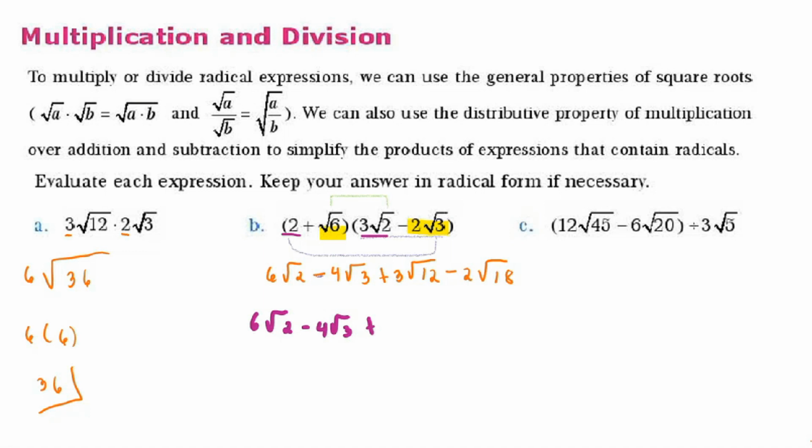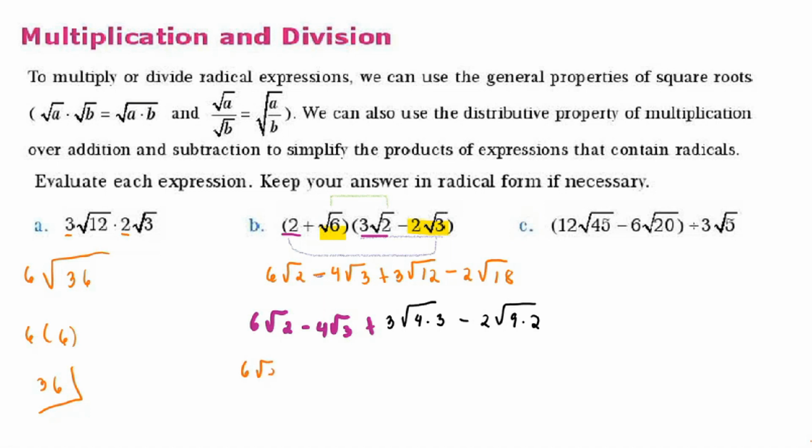We can write this as 3 times the square root of 4 times 3, which is 12, minus 2 times the square root of 9 times 2, which is 18.